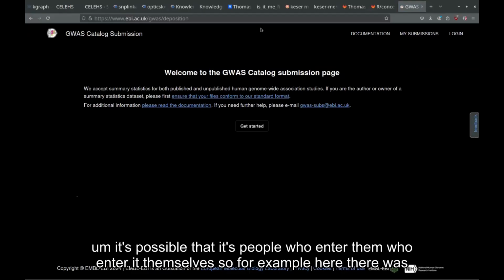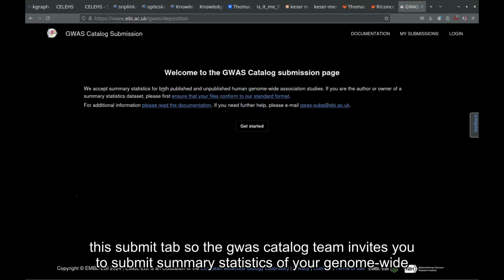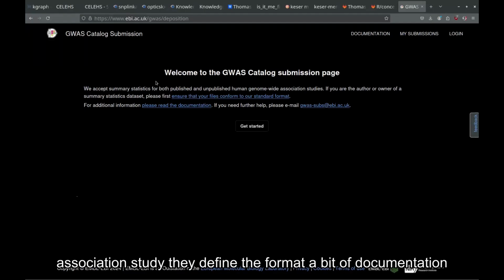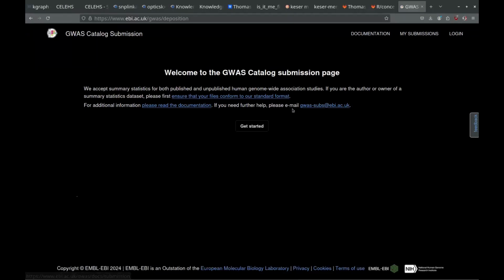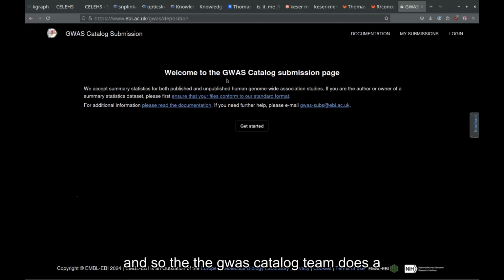For example, here there was this submit tab. The GWAS Catalog team invites you to submit summary statistics of your genome-wide association study. They define the format, with a bit of documentation. And so the GWAS Catalog team does maintenance and curation of the data.